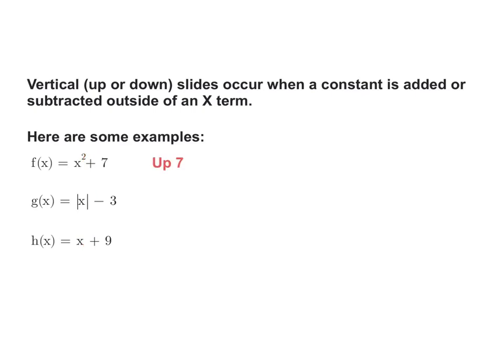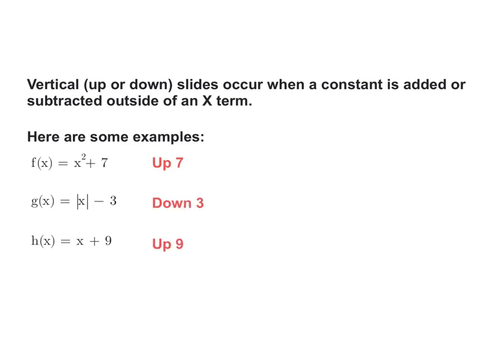So in your homework, it's going to ask you, how does this transformation affect the parent function or something like that? All you have to say is it moves up 7. What's the second one going to be? Down 3. What's the last one going to be? Up 9. Simple enough.